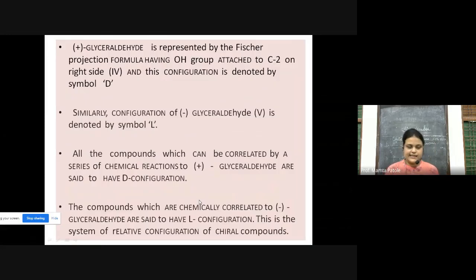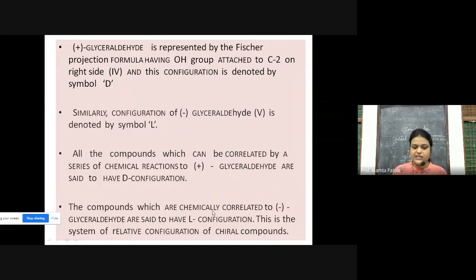Plus glyceraldehyde is represented by Fischer's projection formula having the OH group attached to C2 on the right hand side, and this configuration is denoted by the symbol capital D. As I told you, if it is on the right hand side, it is denoted by capital D and plus sign. Similarly, the configuration of minus glyceraldehyde is denoted by the symbol capital L. All the compounds which can be correlated by a series of chemical reactions to plus glyceraldehyde are said to have D configuration.